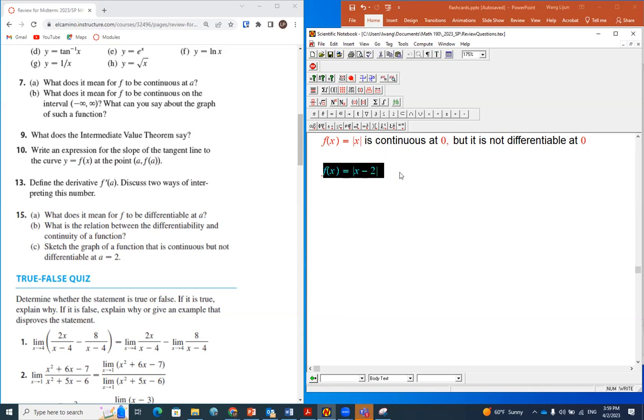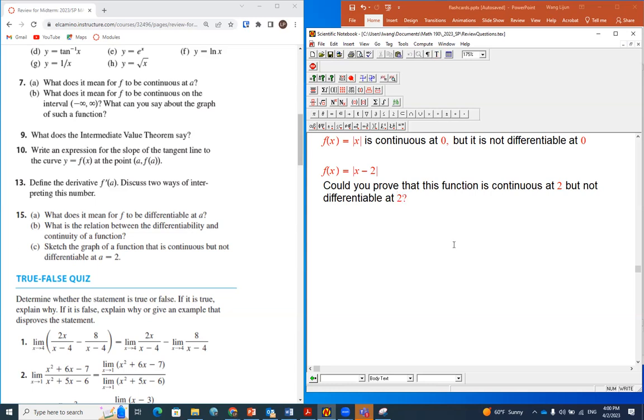Now for this function, can you prove that it is continuous at 2 but not differentiable at 2?